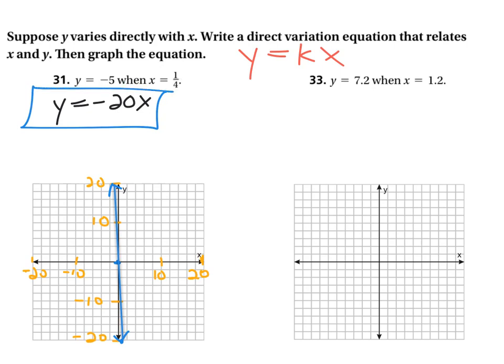Let's do it for number 33 now. So for number 33, we're going to do the same thing. We're going to find our k value by dividing y divided by x, or k is 7.2 divided by 1.2. And as you get better and better and more comfortable with math, you'll be able to know things like this is equal to 6.